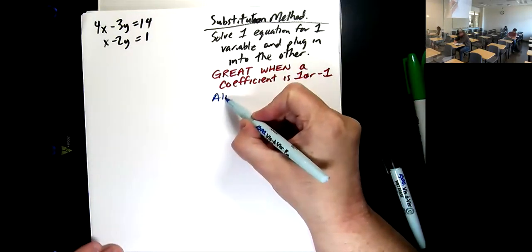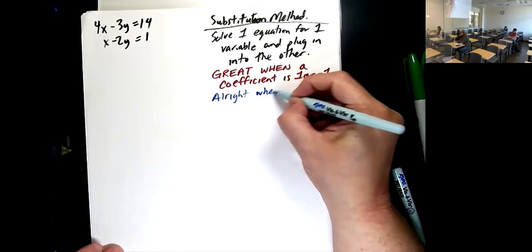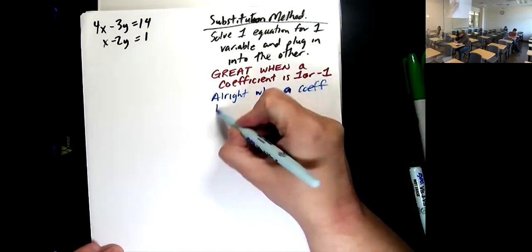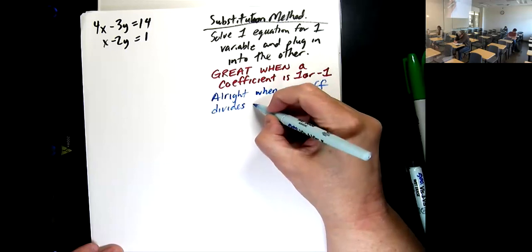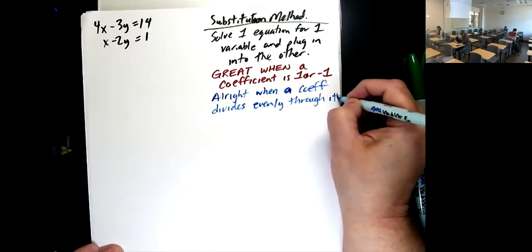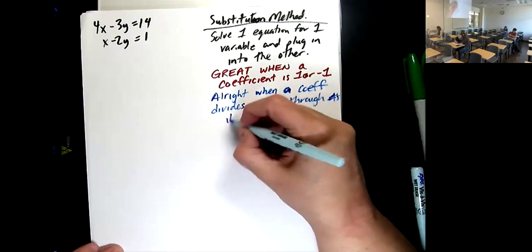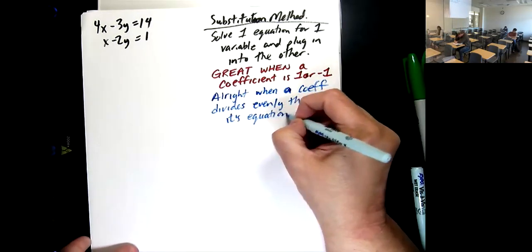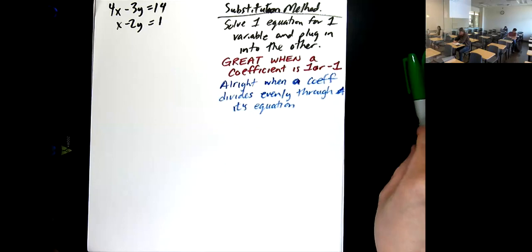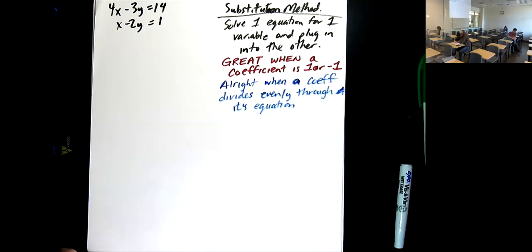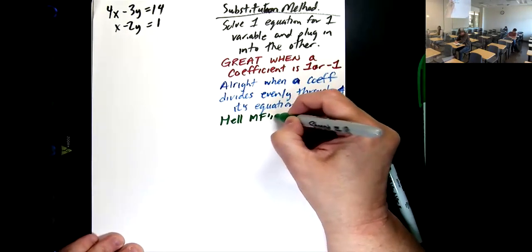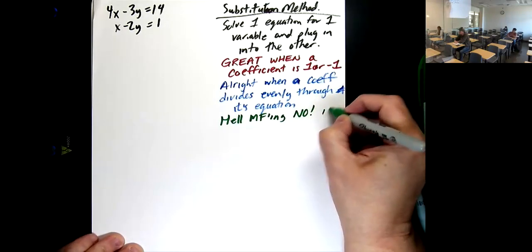It's all right when a coefficient divides evenly through the rest of its equation. And this is a hell no if division would cause fractions.